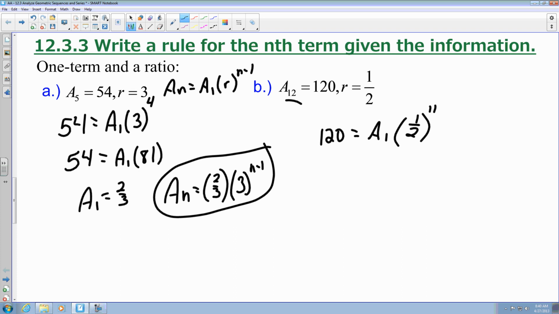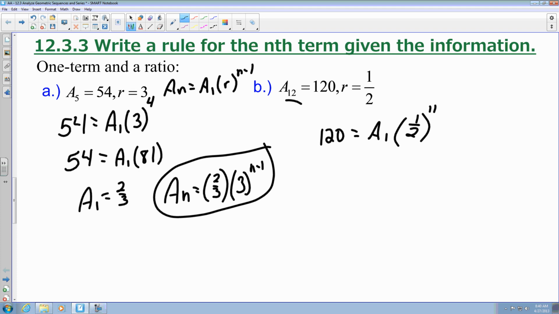So 1/2 to the 11th power gives me some really small number. And what I'm going to do here is take 120 and divide it by that. So 120 divided by that really small number gives me something really large.